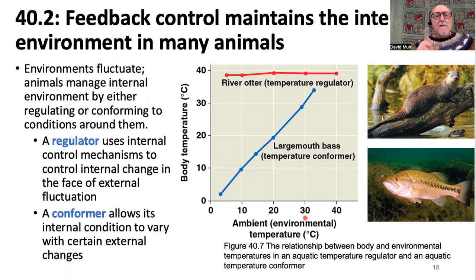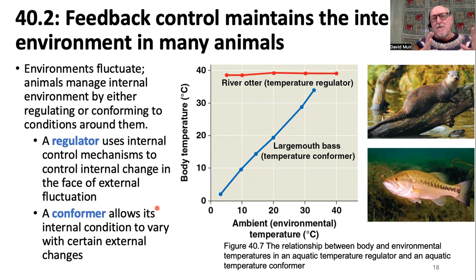So organisms which can regulate internal conditions by internal control mechanisms are called regulators. But there are many organisms which aren't able to do that. And instead, they simply are at the mercy of their environment.